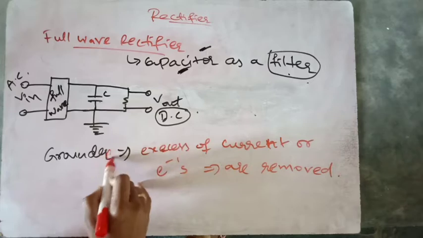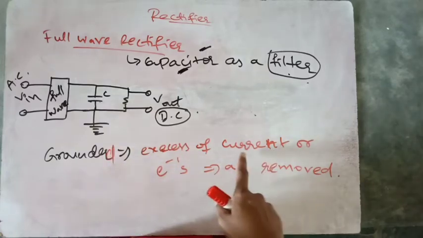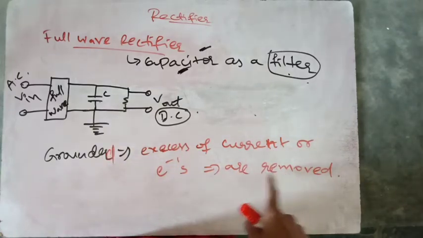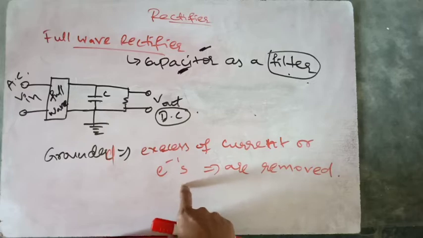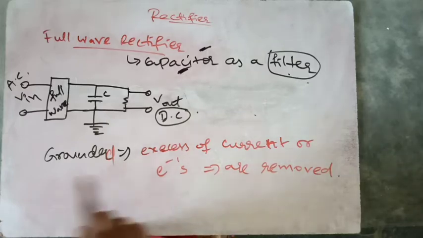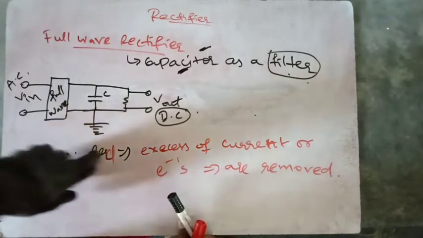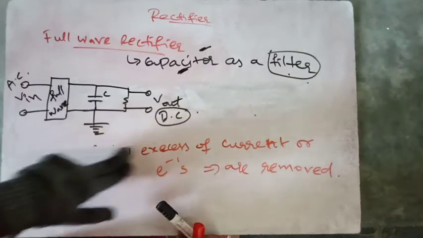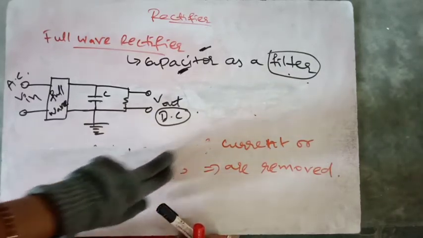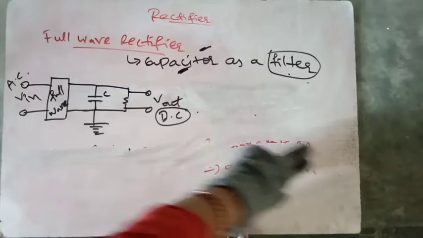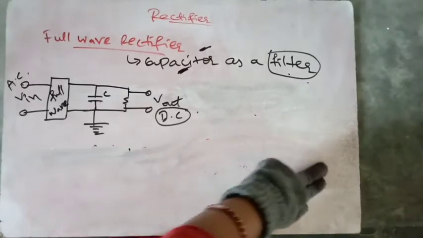We are removing the excess current flow or the excess electron flow. So this is about the circuit of a full wave rectifier with a capacitor as a filter.